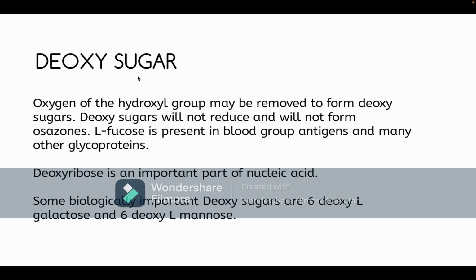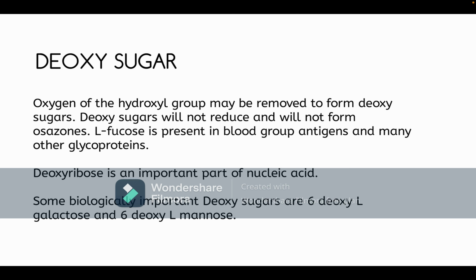So as the name suggests, deoxy, this is basically removal of oxygen from the hydroxyl group of sugars, leading to formation of deoxy sugars. And they don't have any reducing properties and they don't form osazones. Example is L-fucose, which is present in blood group antigens and many glycoproteins.